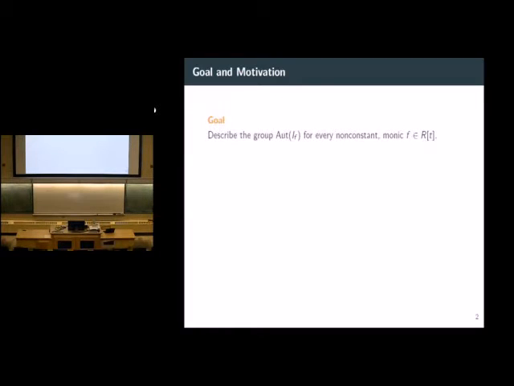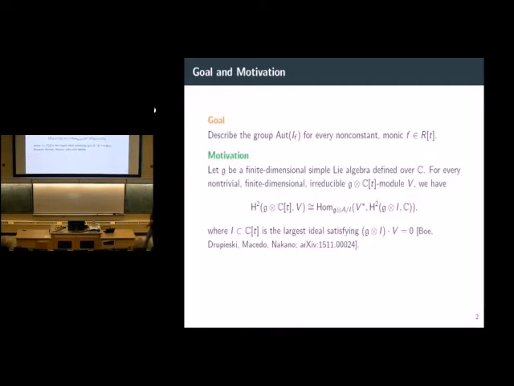Well, why would anyone try to do this? I don't know why other people would, but the motivation that we had was the following. If you have a finite dimensional simple Lie algebra g defined over C, you can tensor this Lie algebra by the polynomial ring in one variable. This is a Lie algebra too.